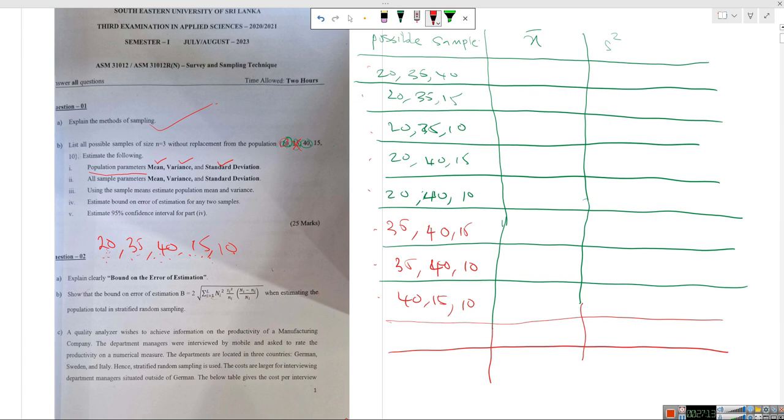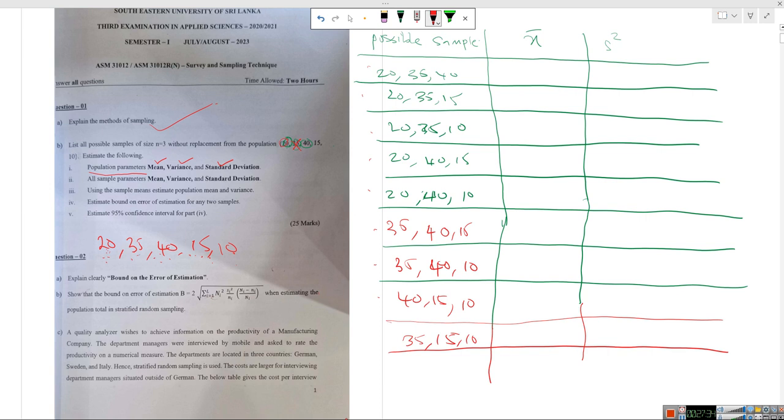Then starting with 35: 35, 40, 15; 35, 40, 10; 35, 15, 10.